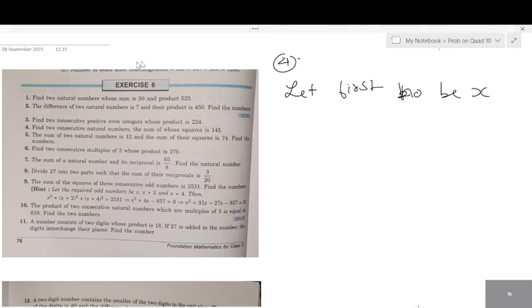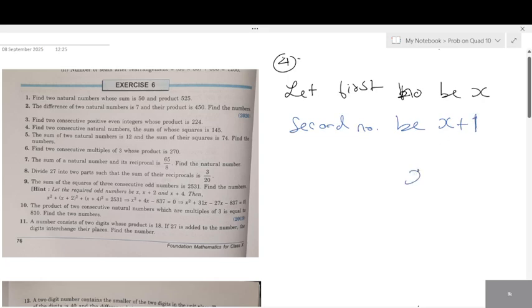Here we don't need to take 2x. 2x is for even numbers. This is a natural number, so for a natural number take x. We need two numbers, consecutive natural numbers. If it is consecutive, the next one you have to take as x plus 1. Let the first number be x and the second number be x plus 1.